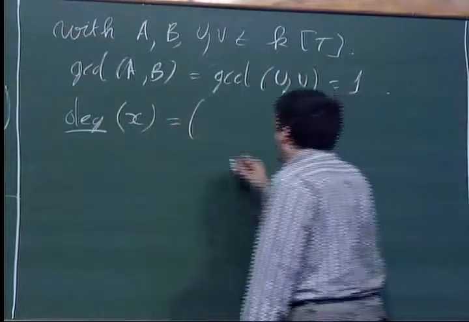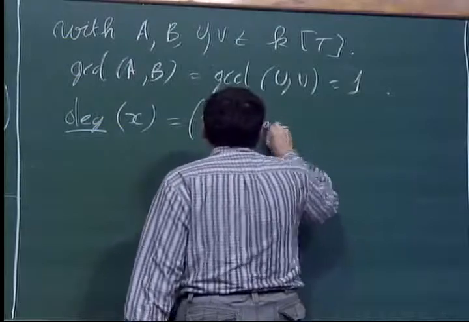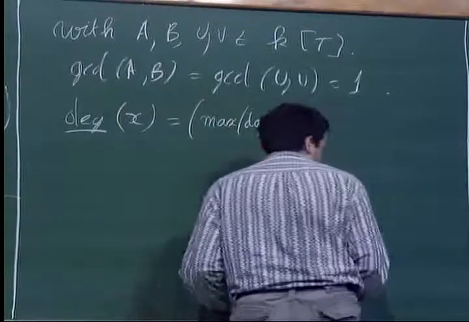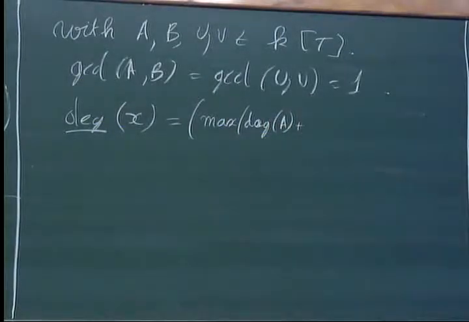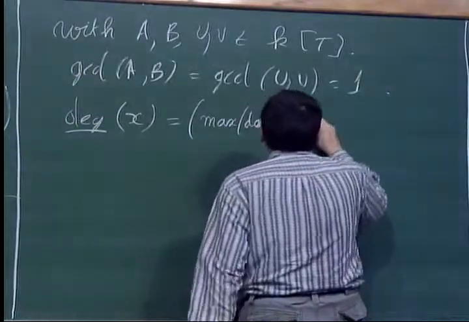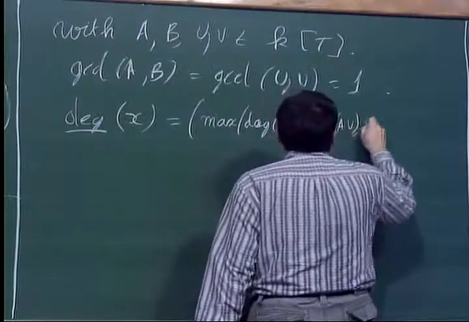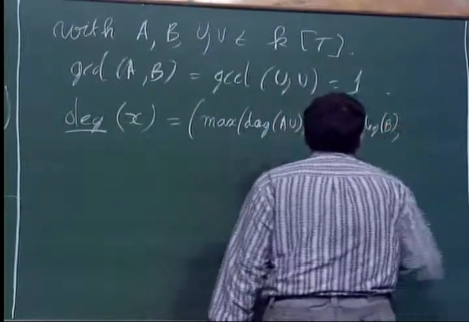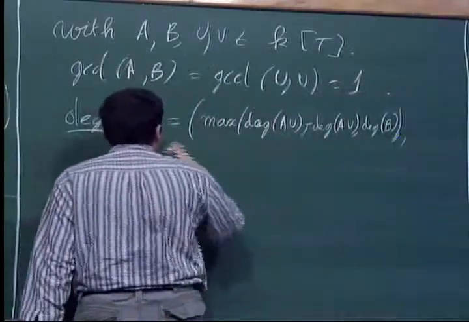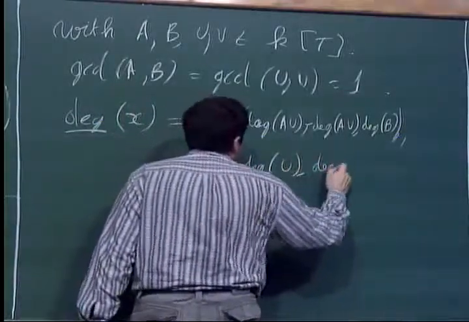So first of all, I take the maximum of the degree of AU, degree of AV, degree of B, and then the second term will be the maximum of the degree of U and the degree of V.